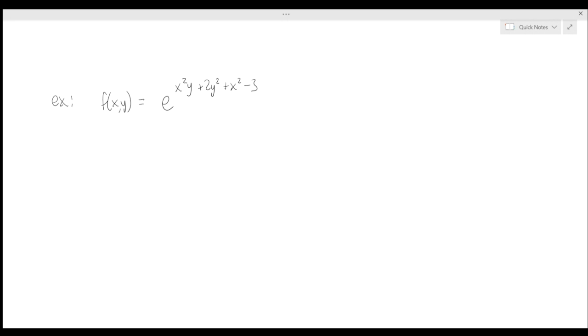Okay, so first things first is we have to compute the first order partial derivatives and get the critical points. So we'll start by computing fx and fy. Now, if you guys remember the rule for getting derivatives of exponentials, the rule is to just copy it down.